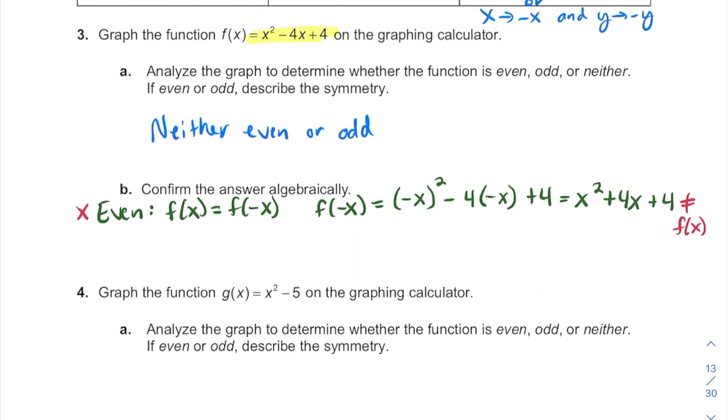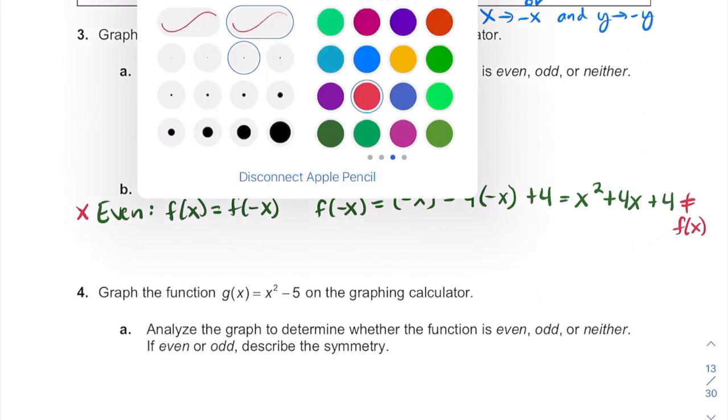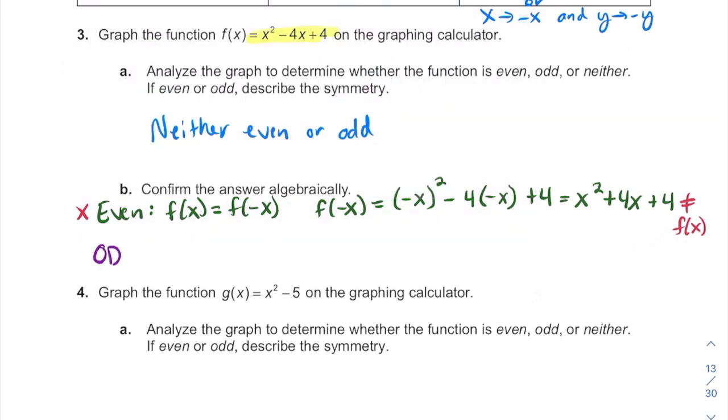So now we have done the algebraic test that confirmed what we saw graphically. It is not even. So for an odd function, this is where I need to switch both the x and the y. So this is f of x equals negative f of negative x, or switch x and y. So this is how this works.